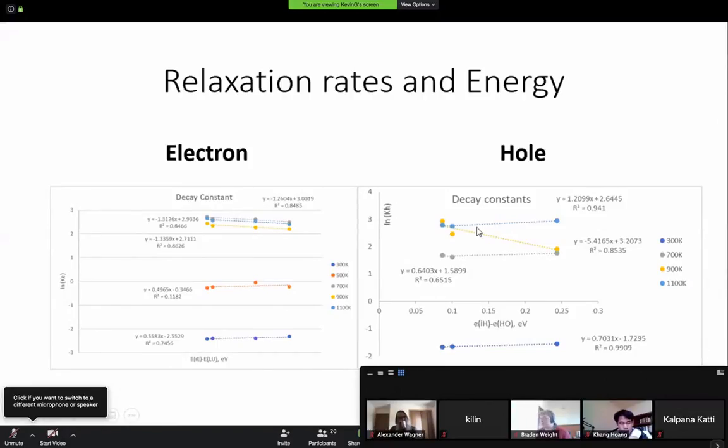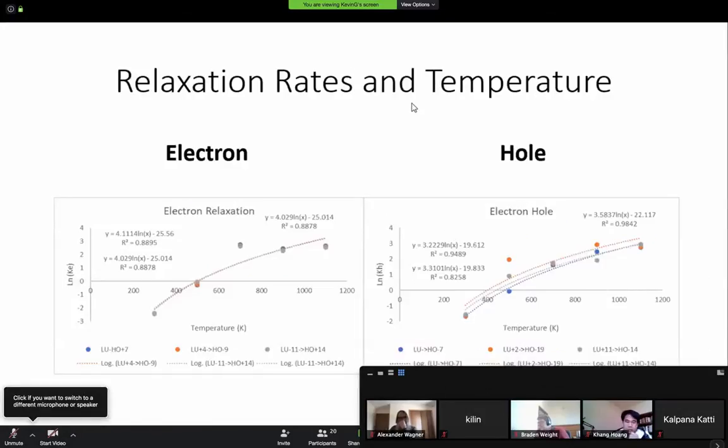And the relaxation rates for my electron hole don't really appear to follow the band gap law at all. So I'm going to say that the band gap law has a very limited applicability to my electron holes.